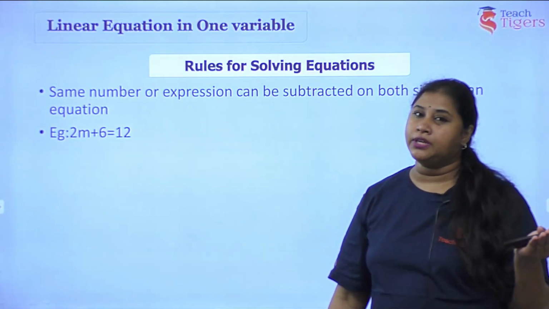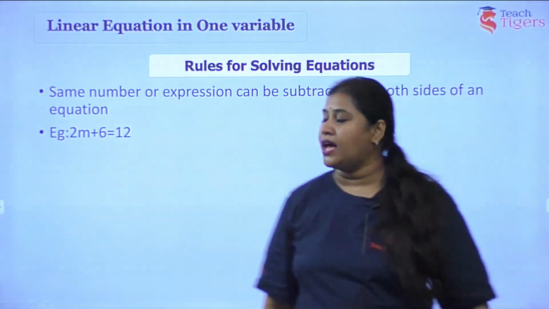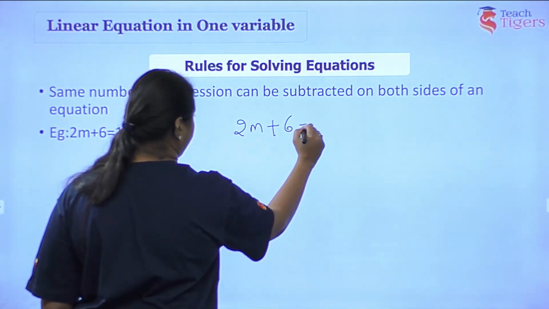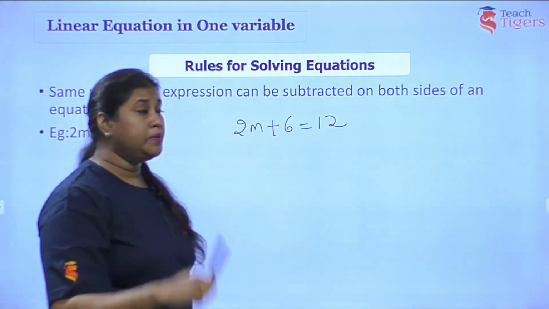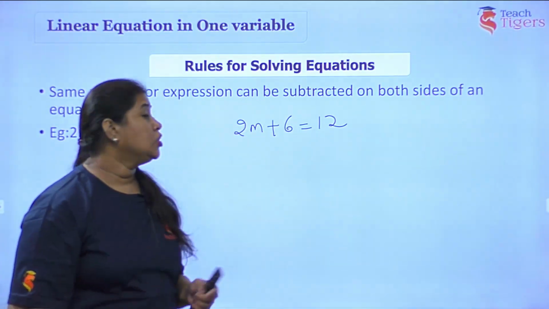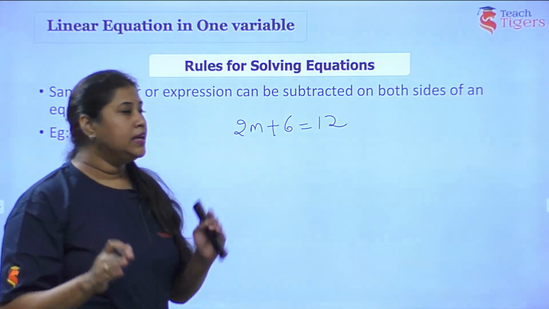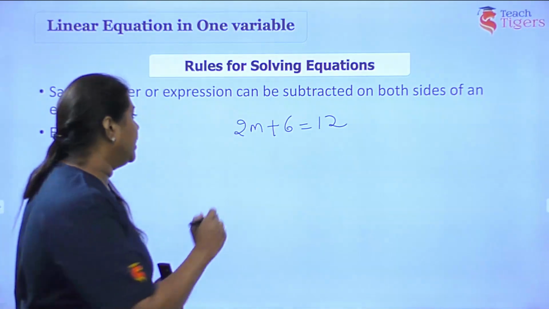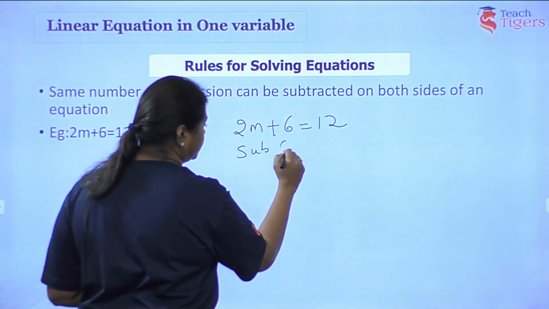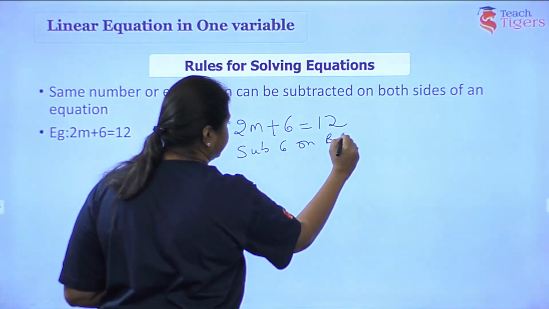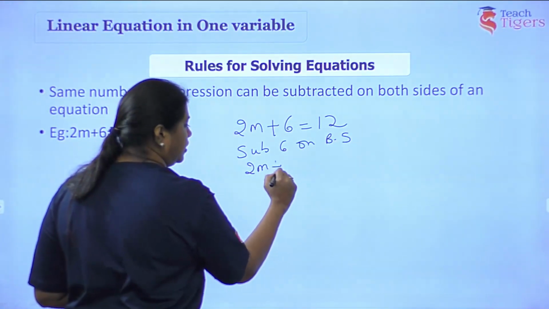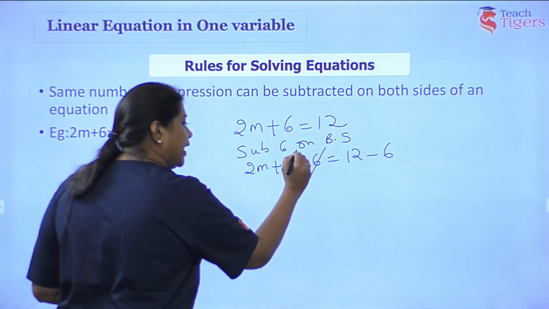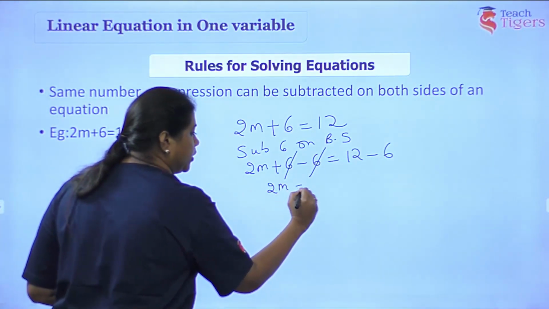Now I've got an equation with me. 2m plus 6 is equal to 12. अभी मुझे तो 6 भारी पड़ रहा है यहाँ पे, तो मैं 6 निकाल देती हूँ। यहाँ पे +6 है ना, मुझे नहीं चाहिए वो। Subtract, so subtract 6 on both sides. 12 minus 6. ये दोनों कैंसिल हो जाएंगे। 2m is equal to 6.